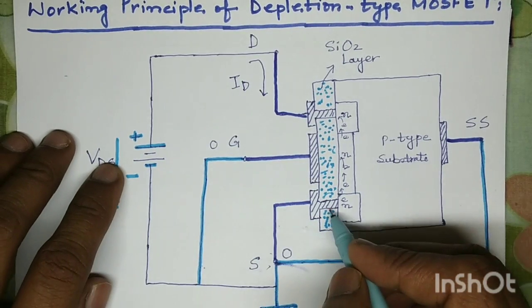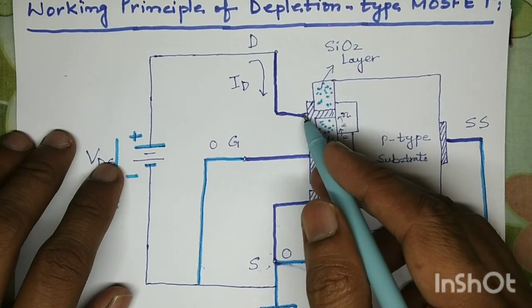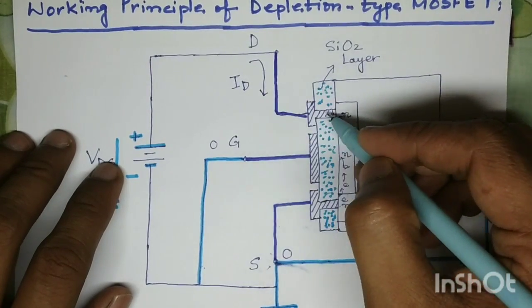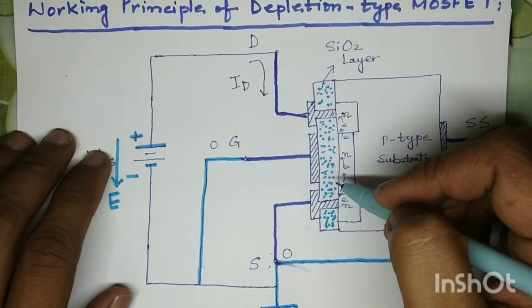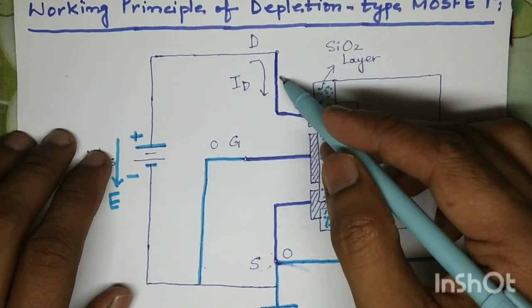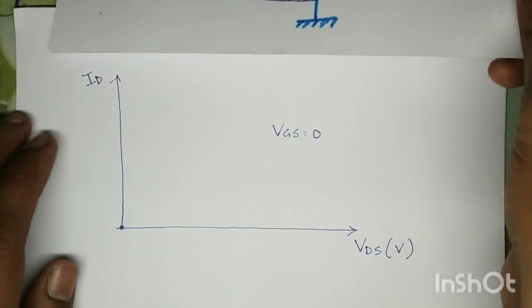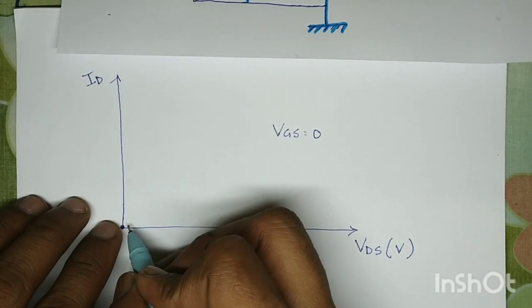As a result, electrons will start flowing from the source terminal to the drain terminal, and the drain current flows from the drain terminal to the source terminal. So as we raise VDS, a drain current starts flowing in the circuit from the drain terminal to the source terminal. When VDS equals 0, current is also 0.